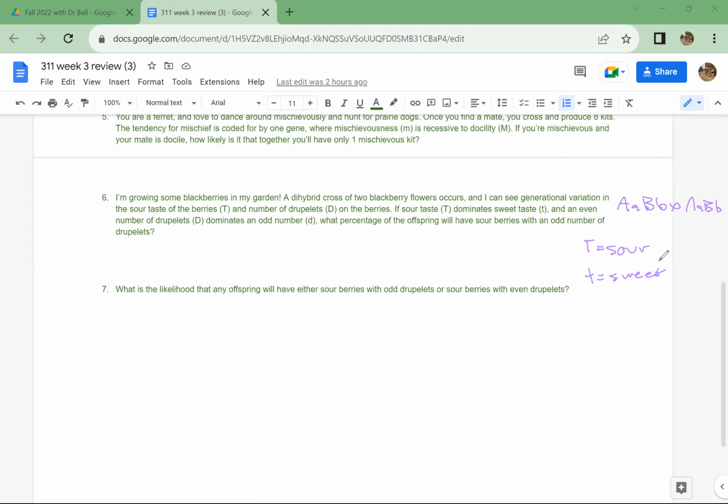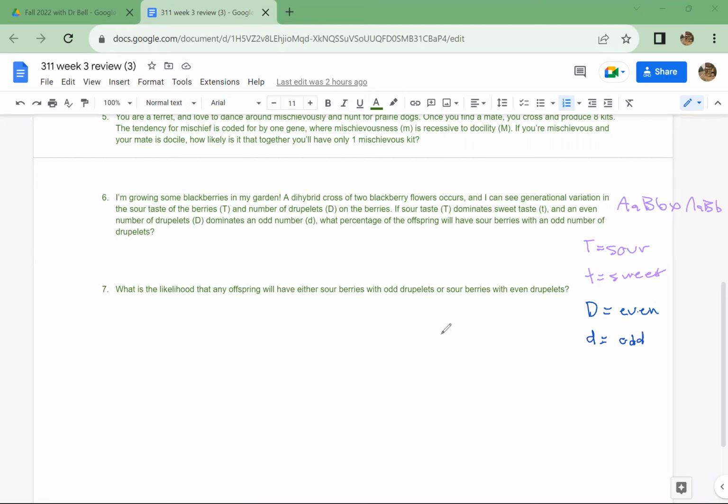And then what color do I want to use? Sour and sweet. And then whether or not the berries have an even or odd number of druplets. Capital D is even, and it is dominant. Lowercase is odd and recessive.